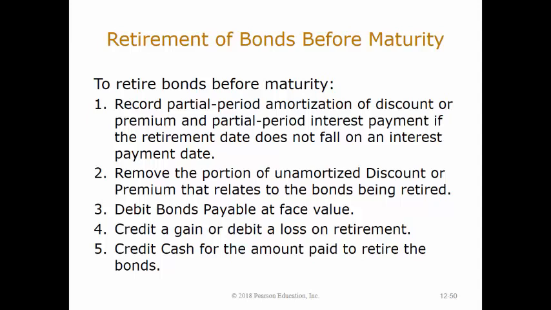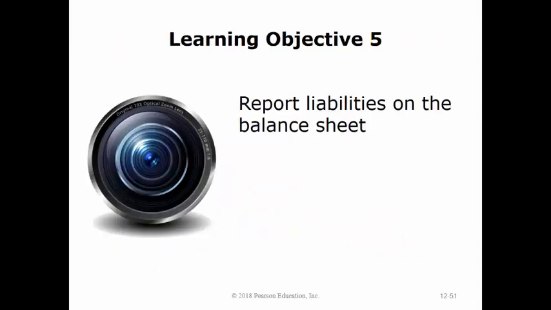Remove the portion of any unamortized discount or premium that relates to the bonds being retired, debit bonds payable at face value, credit a gain or debit a loss on retirement, and credit cash for the amount paid to actually retire the bonds. In the fifth section, we will learn how to report liabilities on the balance sheet.